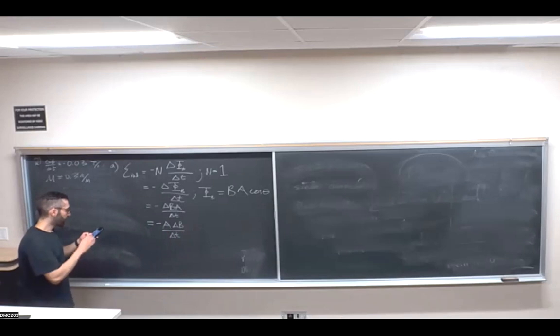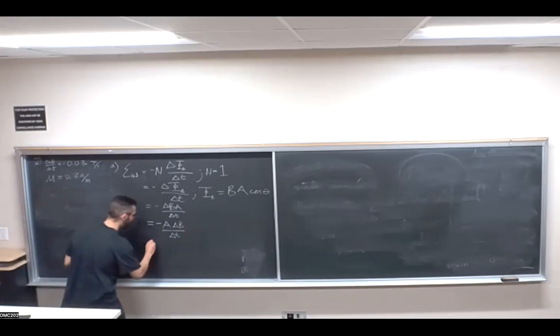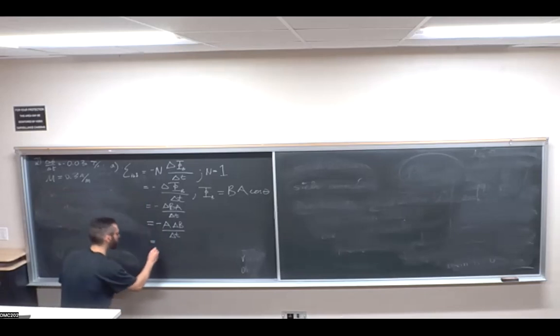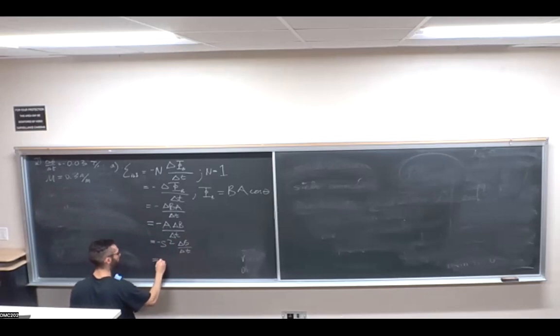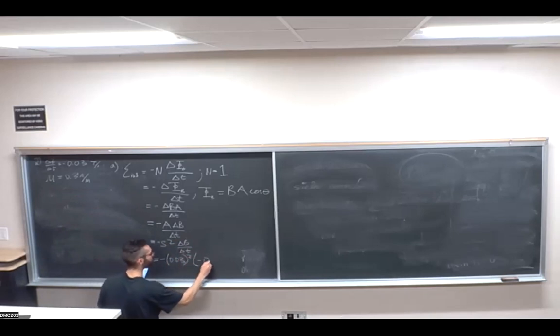At this point, we can just plug in for area, where area is equal to the side squared. So minus S squared times delta B over delta t. The sides here were 0.03, so 0.03 squared times delta B over delta t, which was minus 0.03.